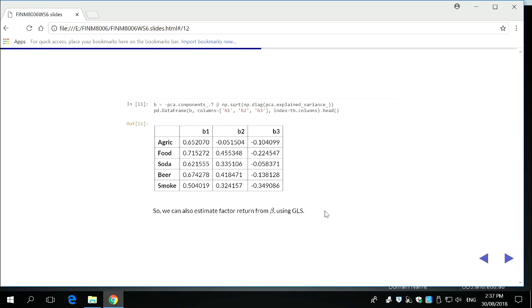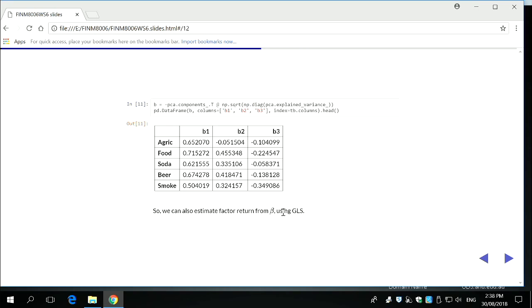If I put everything together and estimate simultaneously, because each epsilon has a different variance, this has heteroscedasticity. So instead of OLS, we can use GLS to estimate the factor returns. But I'm not going to get into details about that because you need to know statistics and how to calculate the GLS.